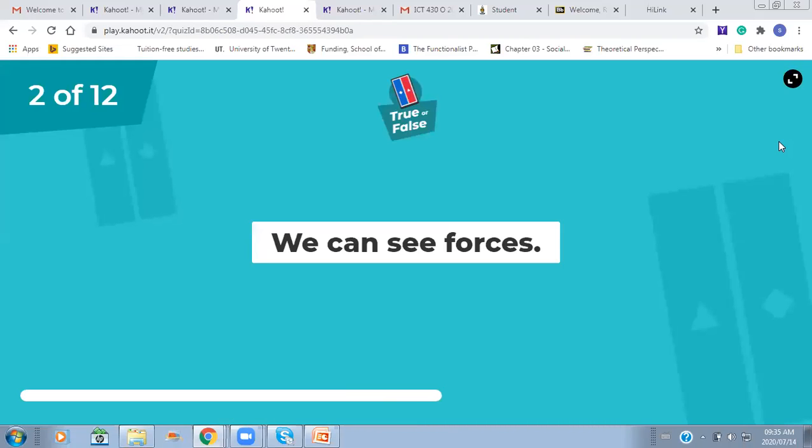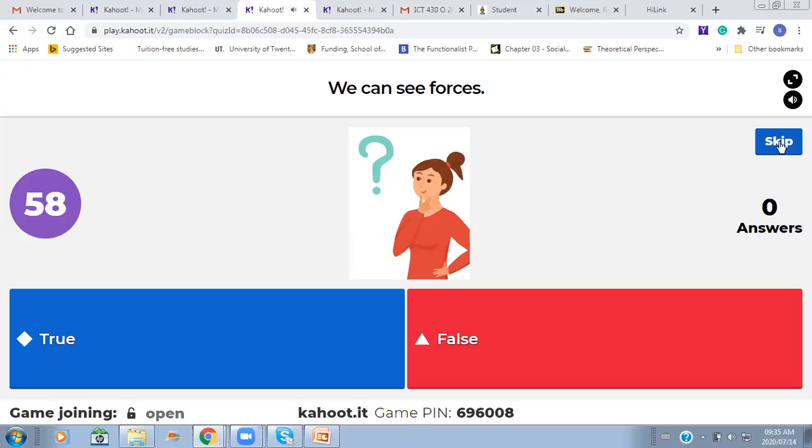This one is true or false. Can we see forces?